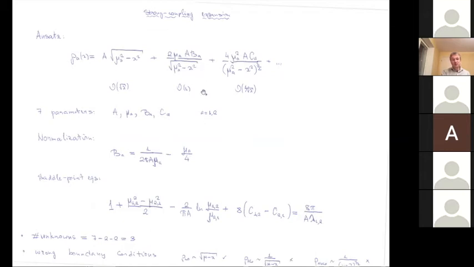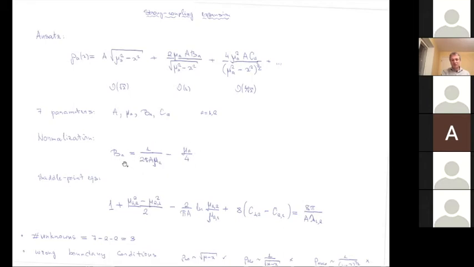And then if one truncates it at the third order, then one has 7 parameters: the positions of the endpoints of the cuts, 2 parameters, an overall constant, and another parameter, and then 4 parameters, which are coefficients in front of the subleading terms. So 2 of them are fixed by normalization.